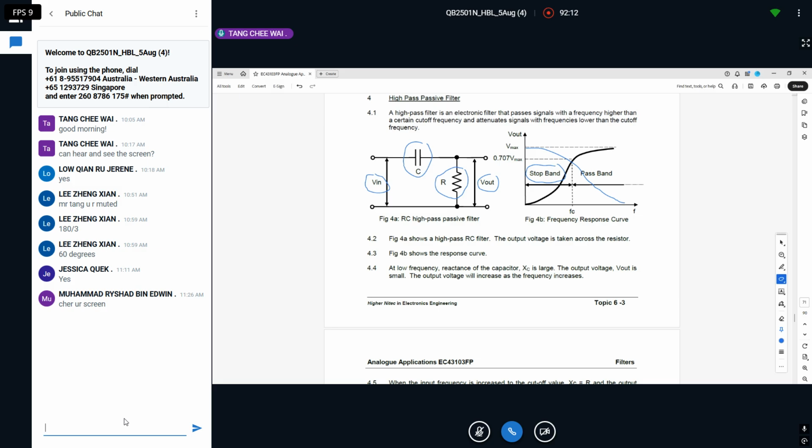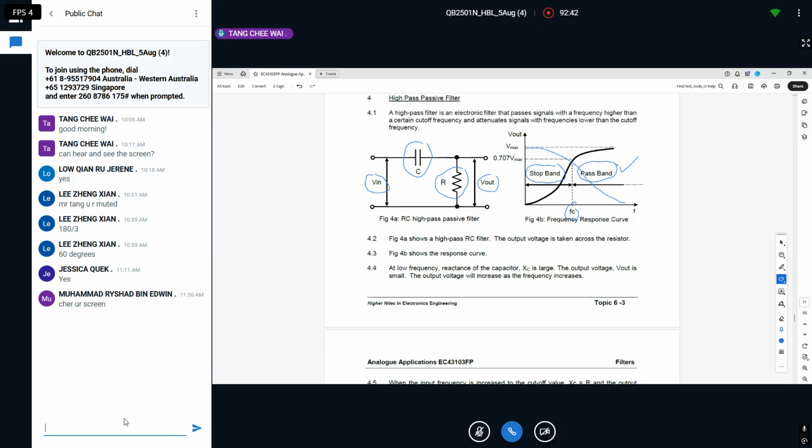After the cut-off frequency, which is high frequency, I have the pass band, which is what I wanted. I allow higher frequency to pass. That is the reason they call it a high pass filter. It works exactly the opposite of the low pass. Low pass, I allow low frequency to pass. High pass filter, I allow high frequency to pass.